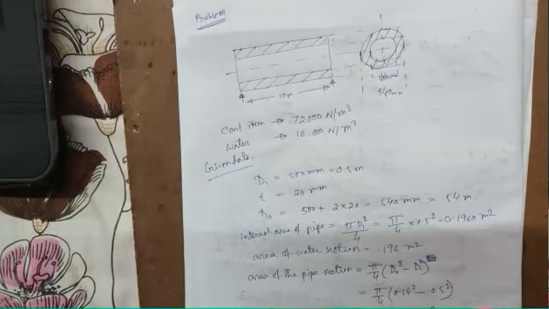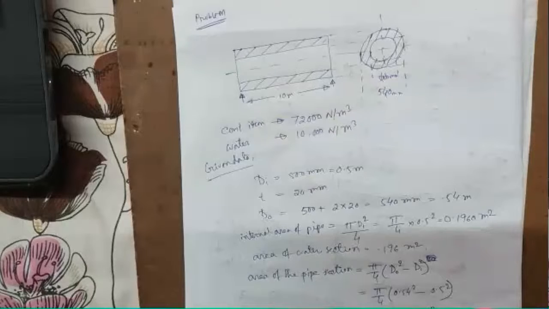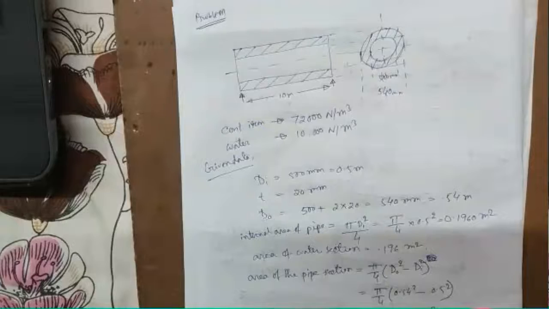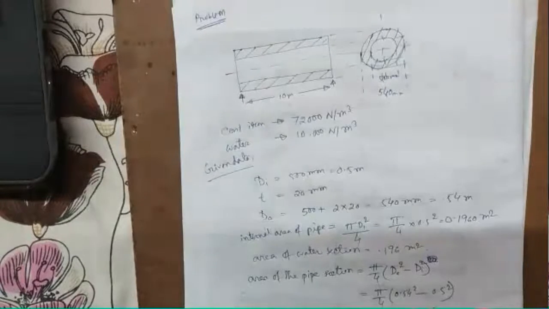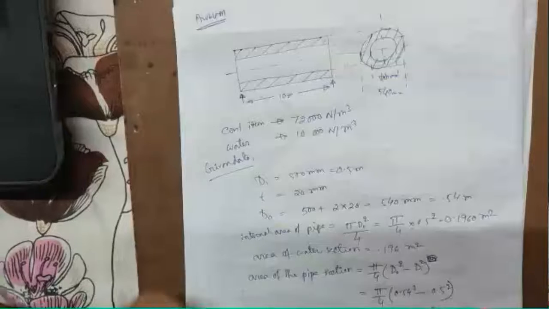So per 1 meter, the load applied is similar for this 10-meter length. Throughout the 10-meter length, per meter, the weight distribution is equal. So now we can find it out. We will find out for 1 meter length, or for 1 meter run, what is the weight of the pipe.